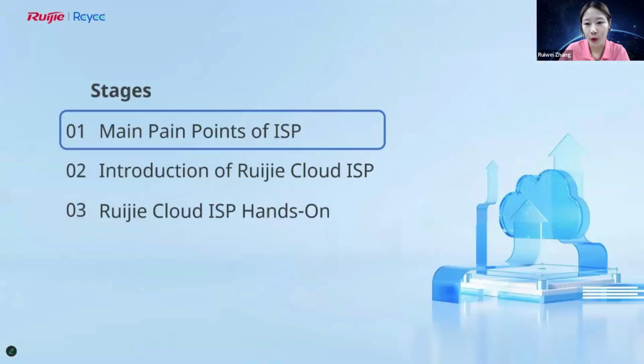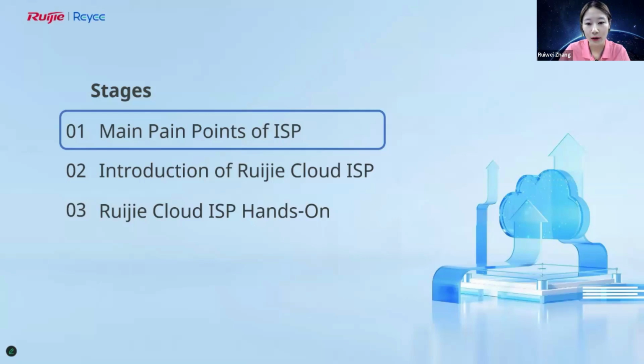Our webinar today will be divided into three main parts. First, we will look at the major pain points of real ISP scenarios. Then, we'll walk you through key features of Ruijie Cloud ISP, designed specially to address those challenges mentioned in the first part.